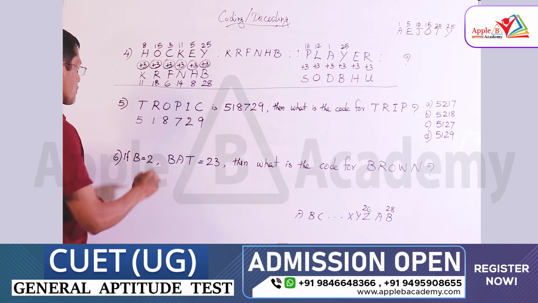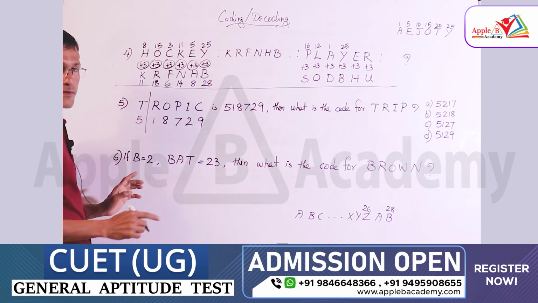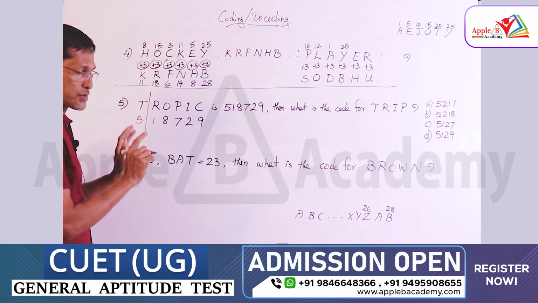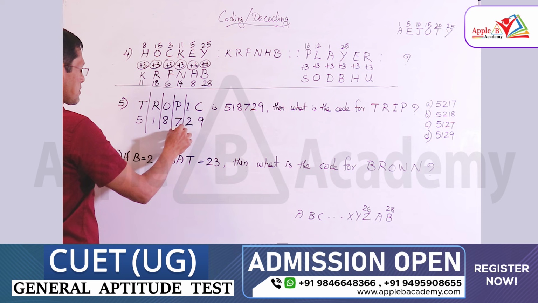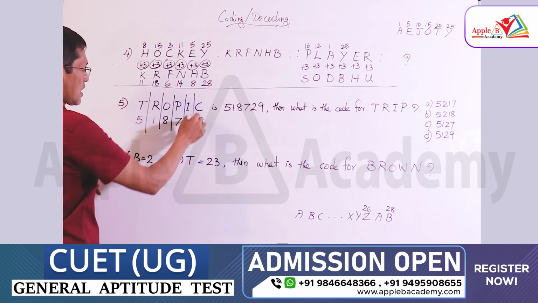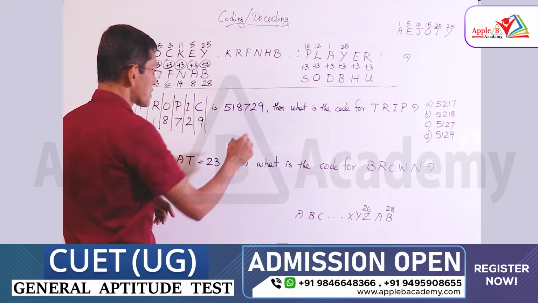That's it. So what's the code for T? 5. In this question, the code for T is 5. Not for every question, this question. So R1, O8, P7, I is 2, and C is 9. Done.